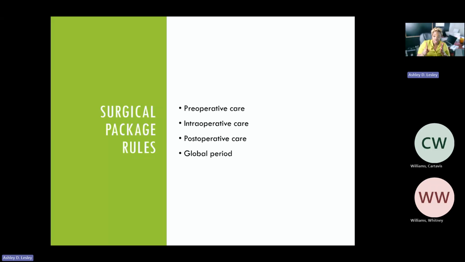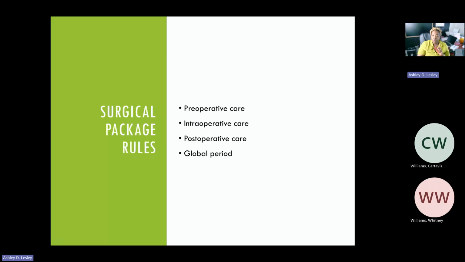So if you had, let's say, a knee replacement, and after that knee replacement, you get a recall that the knee they replaced had a recall and they need to go back in there. We can't go back and rebuild all this stuff. That second surgery is within the global period and will be covered with this same surgery.